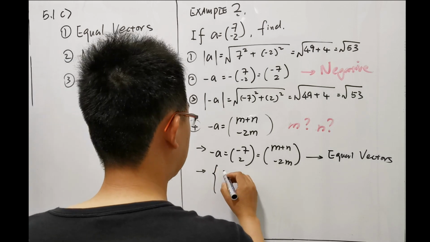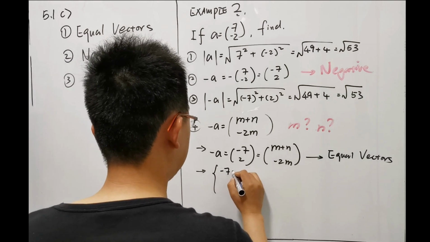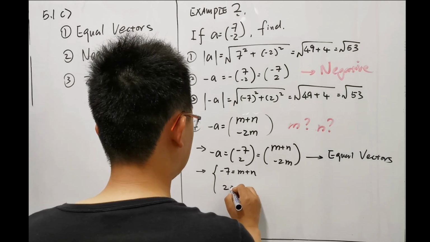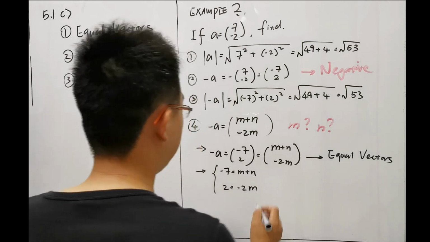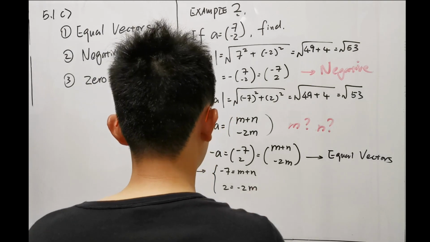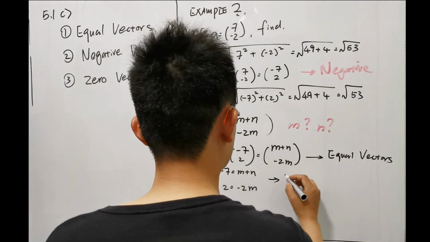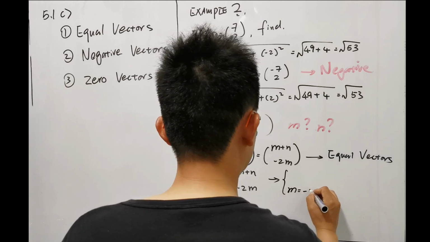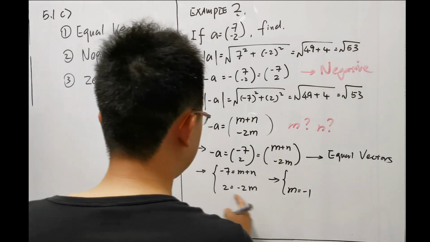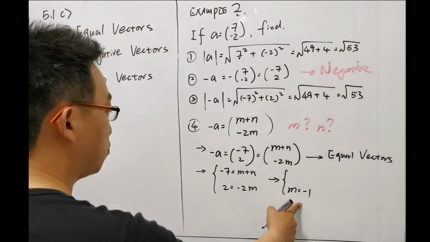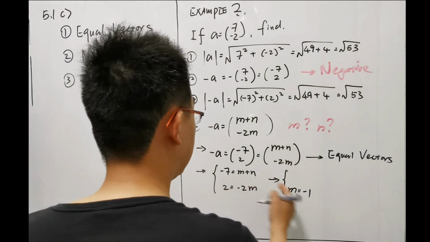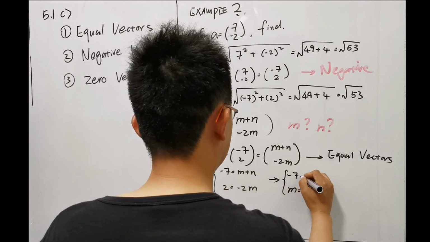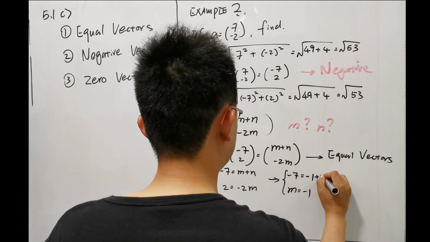We can see minus 7 equals minus m plus n, and 2 equals minus 2m. So from here we can find out next one. We can see m equals minus 1. Then we bring the m into the other equation. So it becomes minus 7 equals minus 1 plus n.